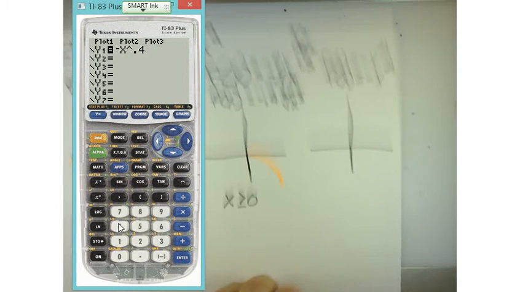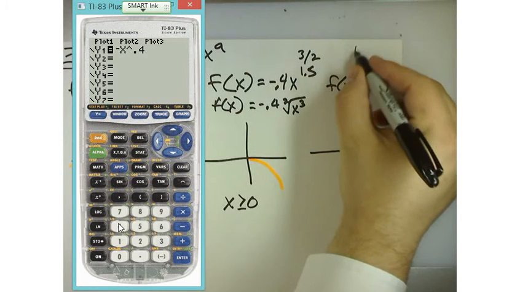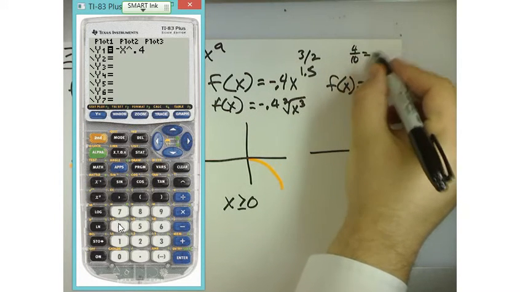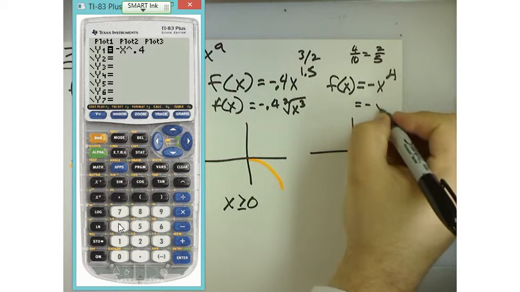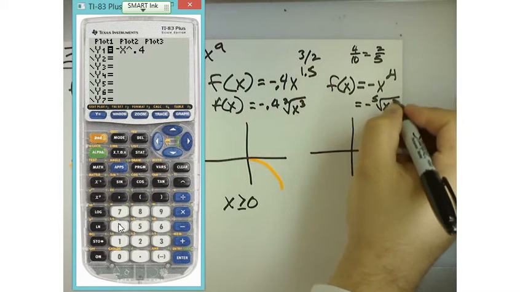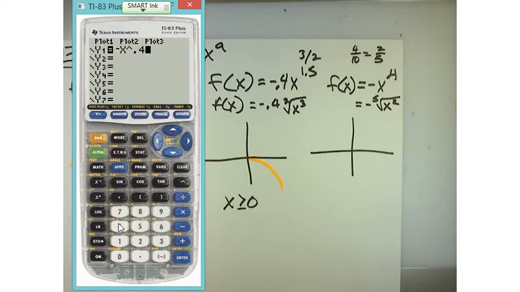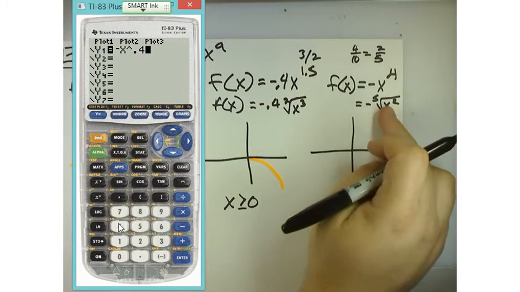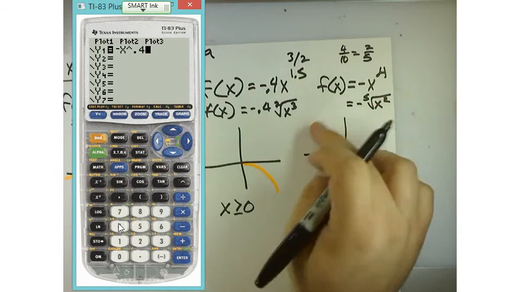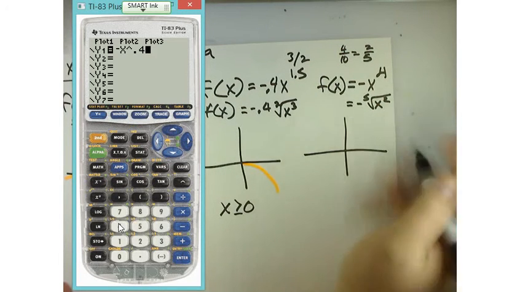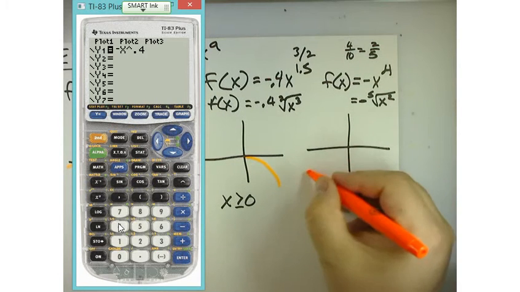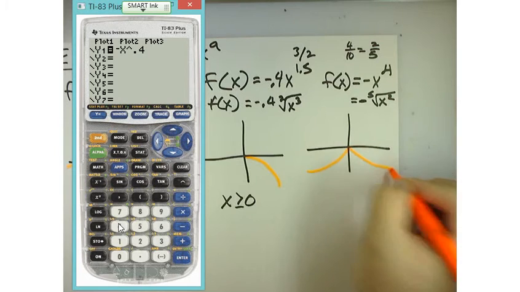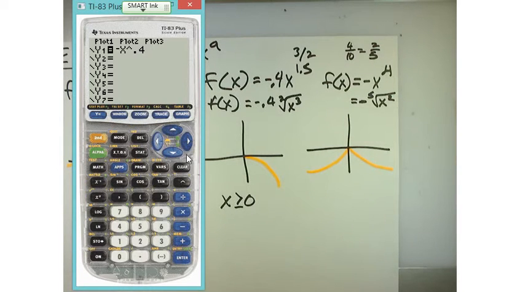Now here's the interesting thing about 0.4. 0.4 is 4 over 10, which is 2 over 5. So this is the same as negative the 5th root of x squared. Whatever you square for x will have a positive value, so we should expect everything to be up on the top, but then this negative sign will flip it down. It should sort of look like this, almost like an absolute value type function. Let's see. Yep.